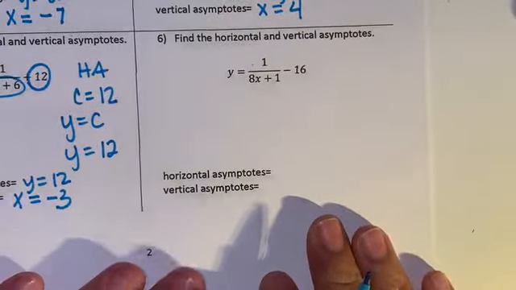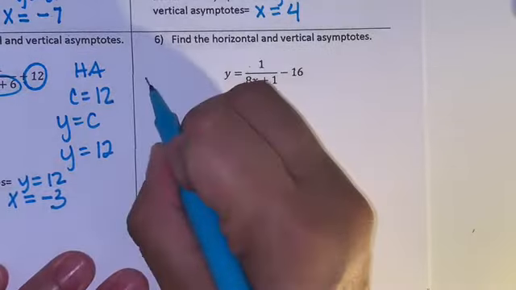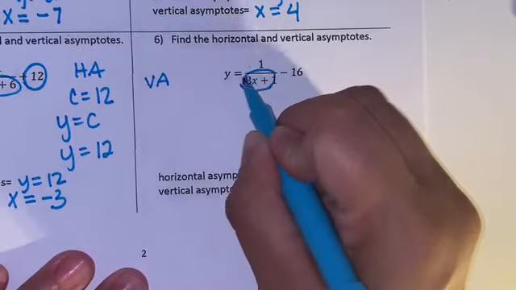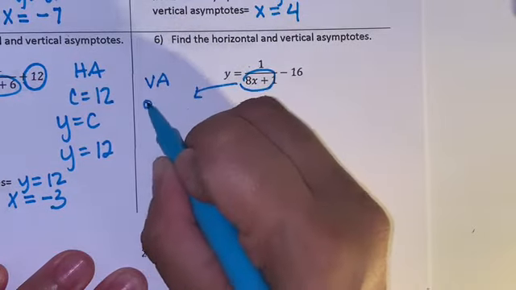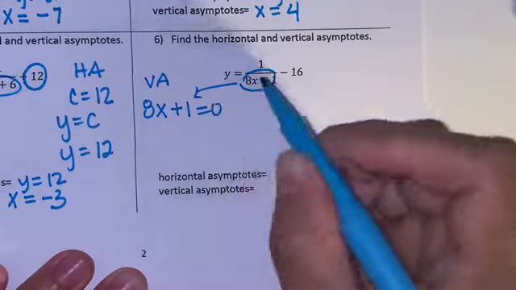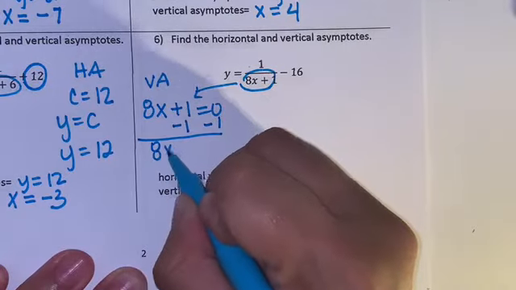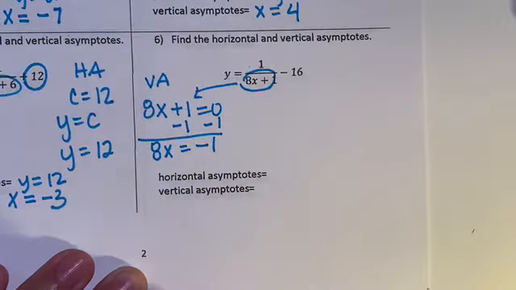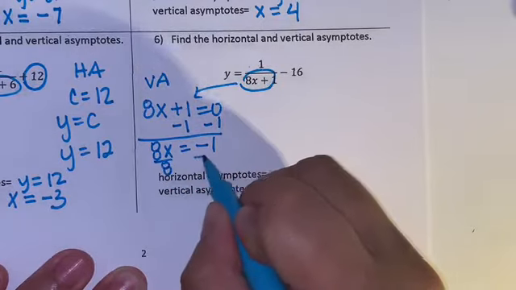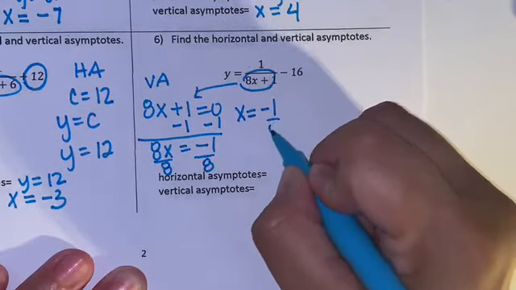And finally, number 6. The examples, find the horizontal and vertical asymptotes. Okay, vertical asymptote, take the denominator, move it over. 8x plus 1 equals 0. Minus 1, minus 1. 8x equals negative 1. Divide by 8. x equals negative 1 over 8.